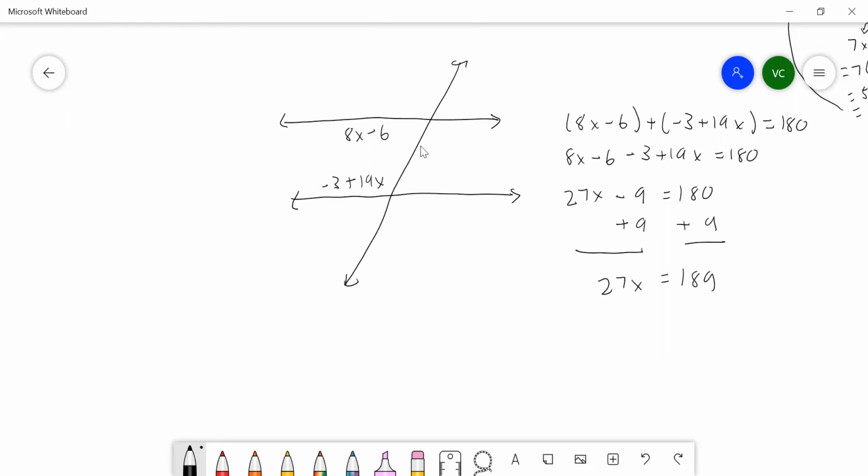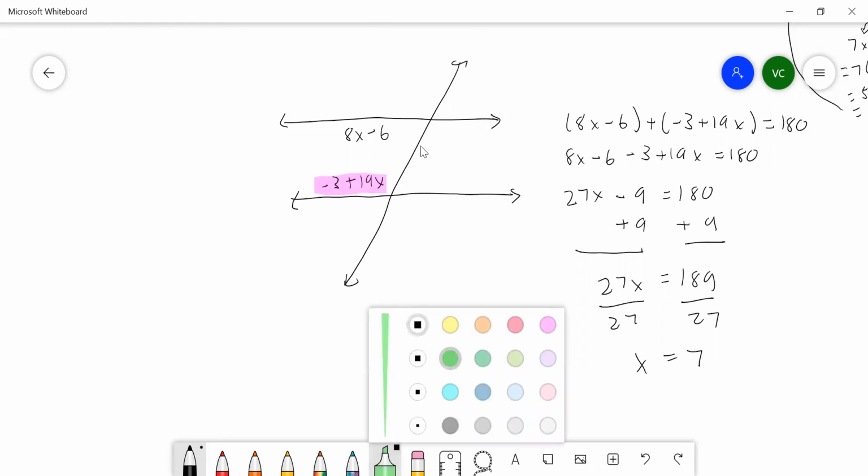And to get the x by itself, what do we do? We divide by 27. And we got x is 189 divided by 27. That's going to give us 7. Now pause the video and plug it into both of the expressions.